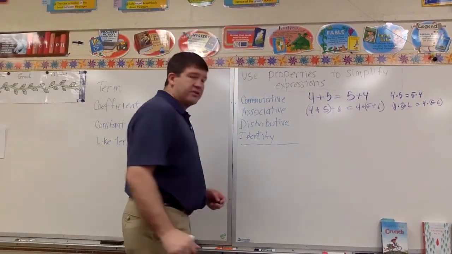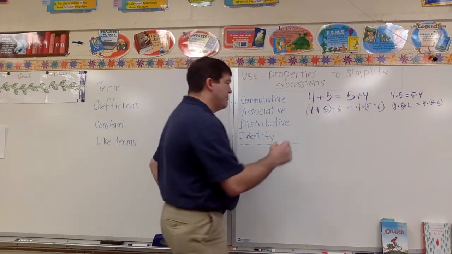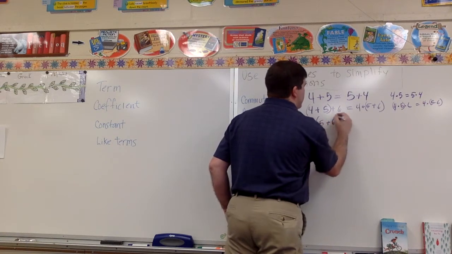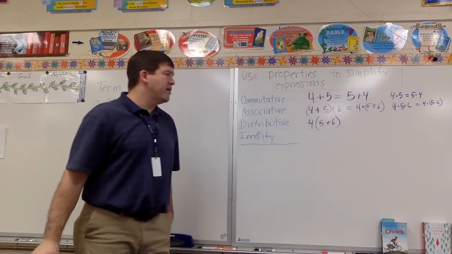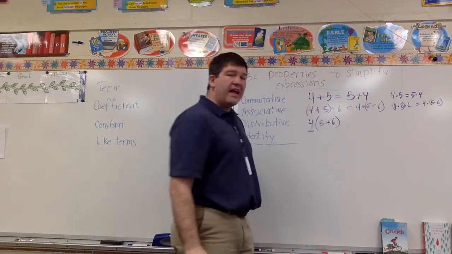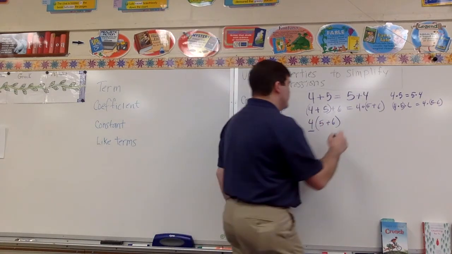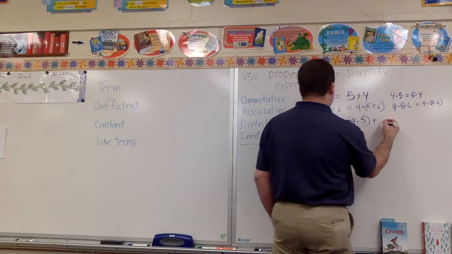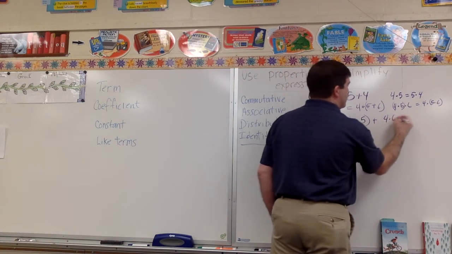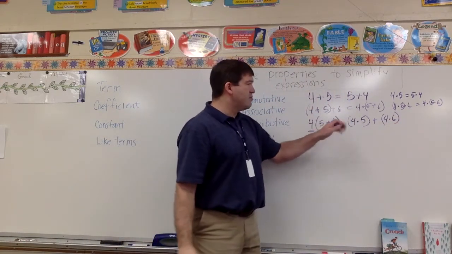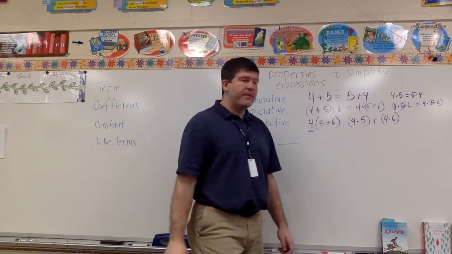So for example, if I have 4 times 5 plus 6, I'm passing out this 4, it's going to multiply everything in there. So it's going to be 4 times 5 plus 4 times 6. I've passed out the multiplication to each part, and then I add those together.